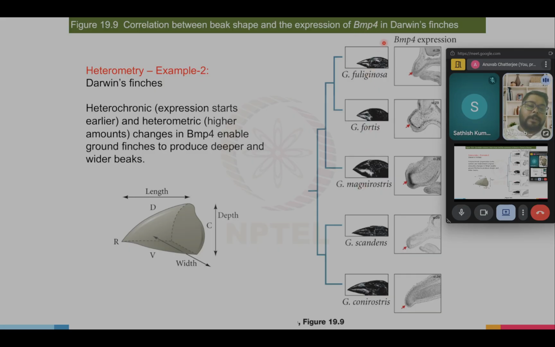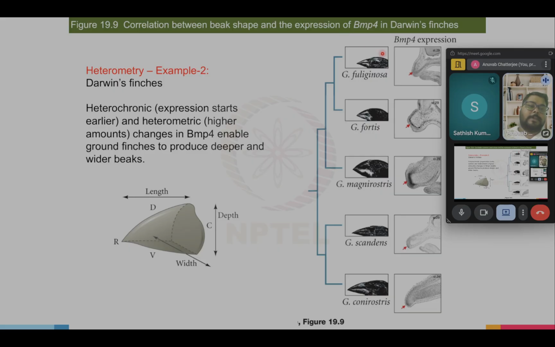Some of the birds which were feeding on cactuses had longer beaks which could reach past the spikes of the cactus, whereas others which bit into harder fruits and seeds had blunter and stronger beaks. All of this can be explained by heterometry, which is the amount of a protein being expressed.